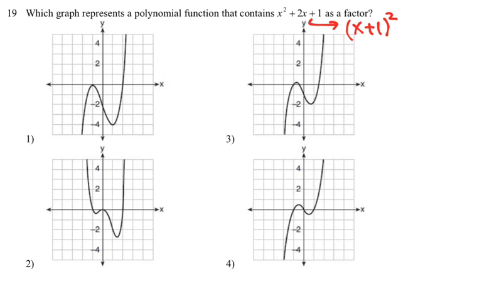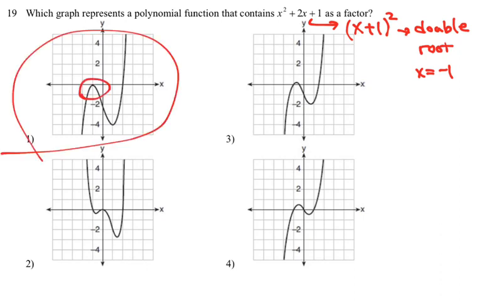Then we realize that we have a double root at x equals -1. When you have a double root, graphically it's tangent to the x-axis at that point, which would be choice 1. Therefore, that would be our answer.